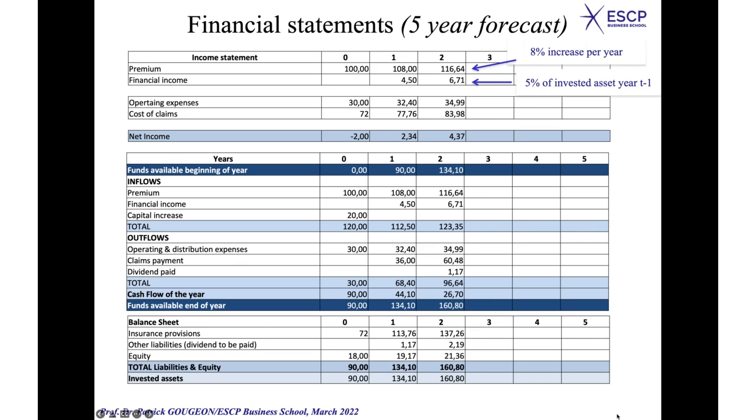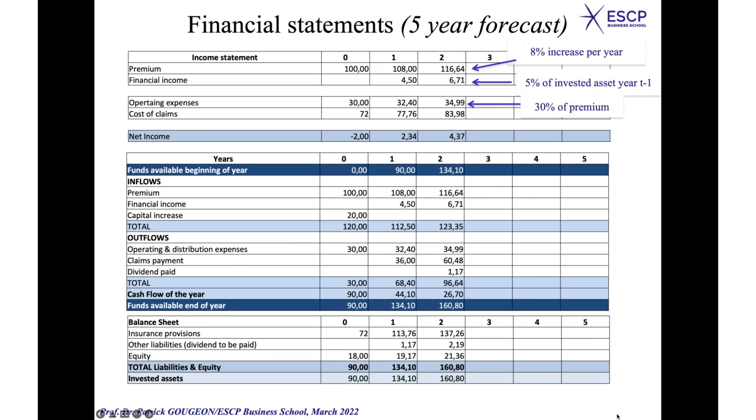So in year two, you record the financial income generated by the funds which were invested the year before, in T-1. The amount invested the year before is 134.10, as you can see. So it is 5% of 134.10, which is 6.71.